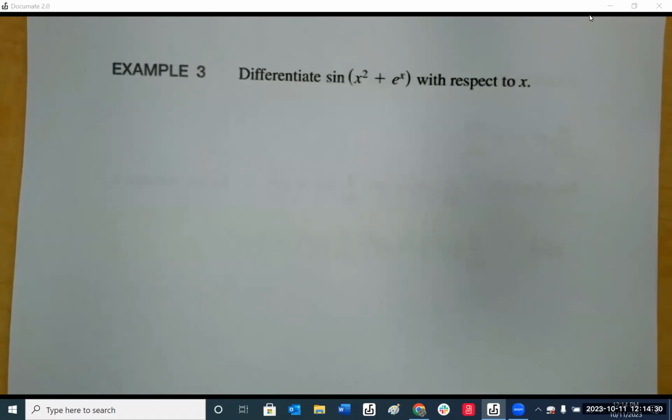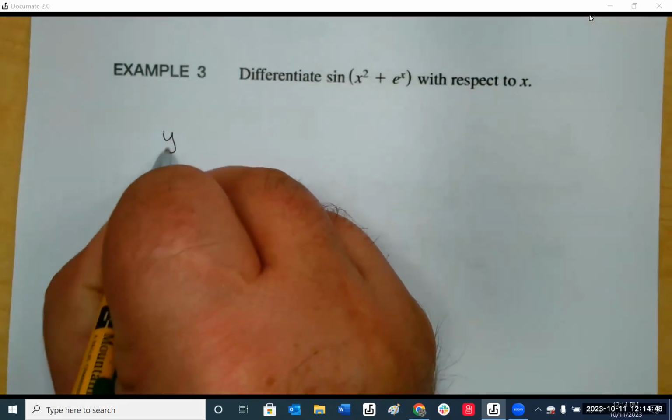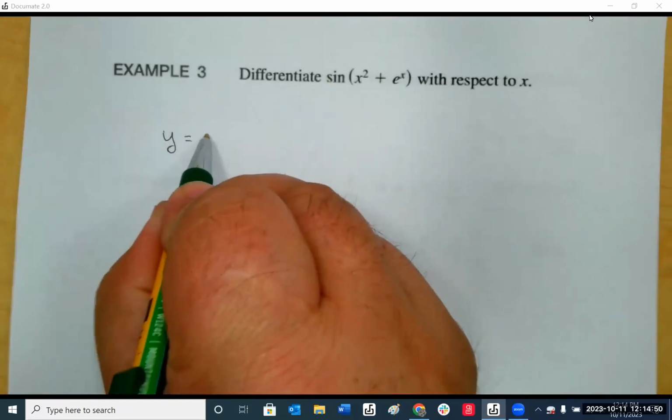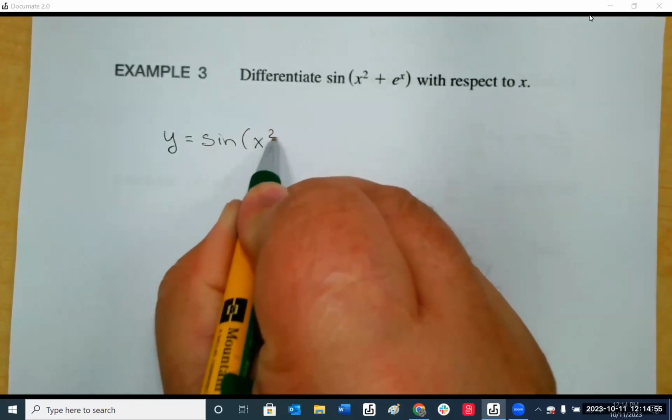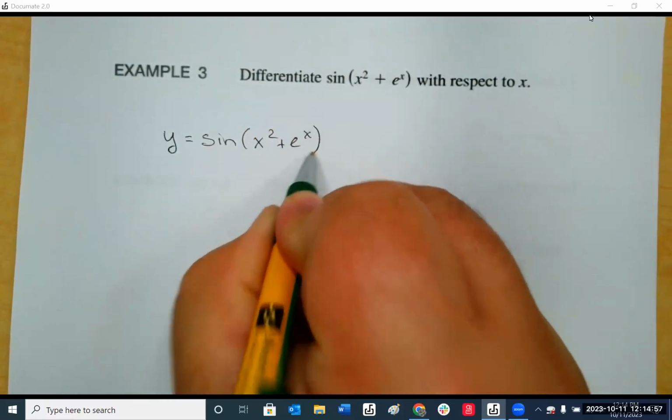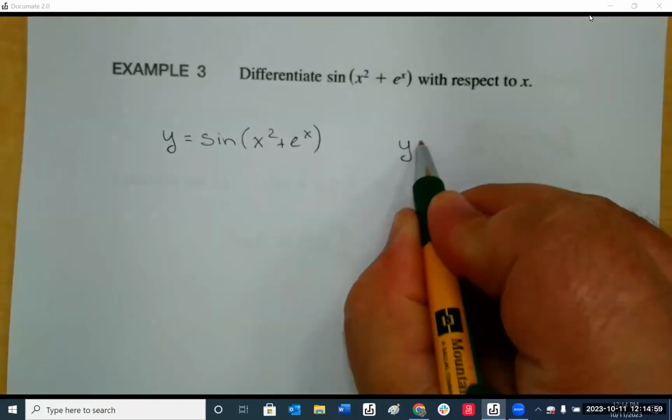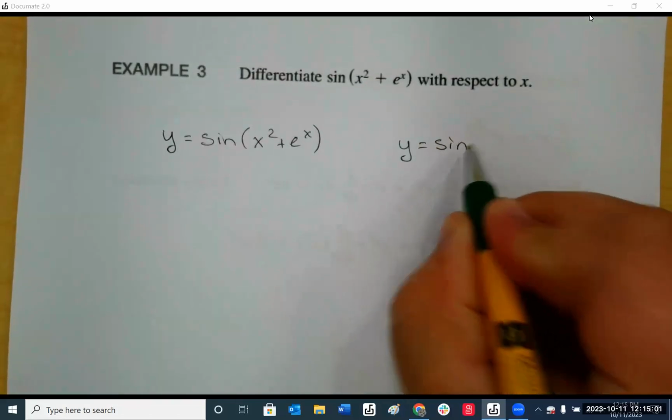Differentiate. Again, we use these trig functions because we know they're differentiable throughout the entire domain. Differentiate the sine of x squared plus e to the power x with respect to x. So what we have here is sine of u.